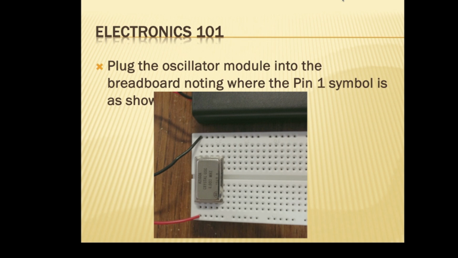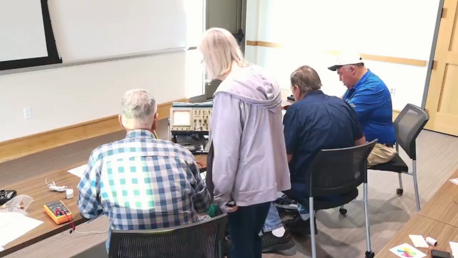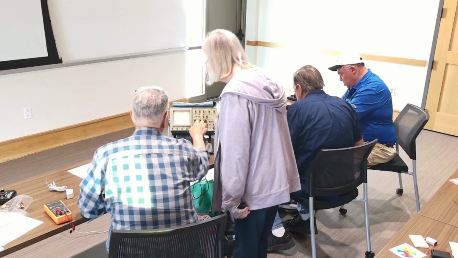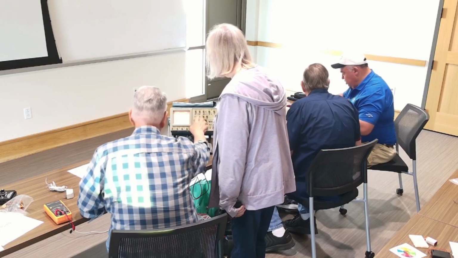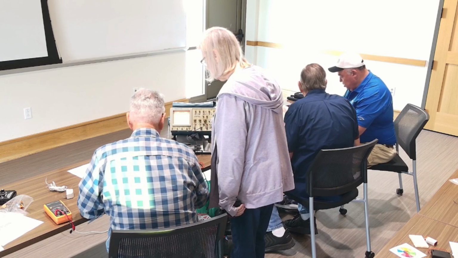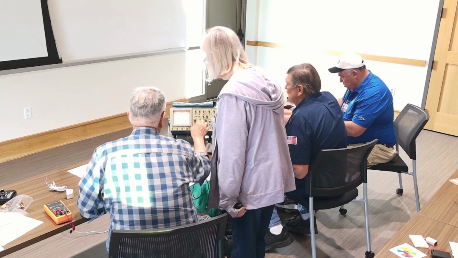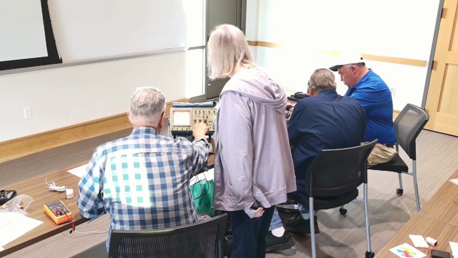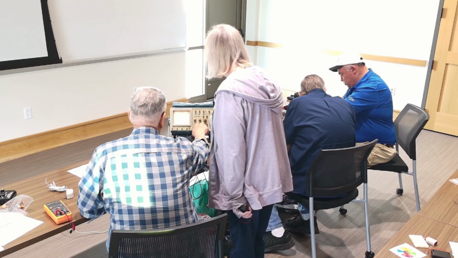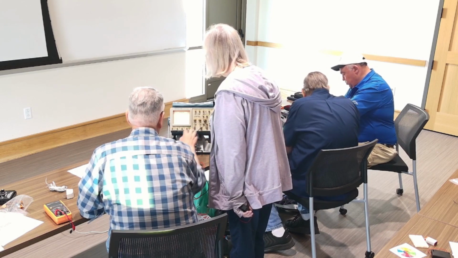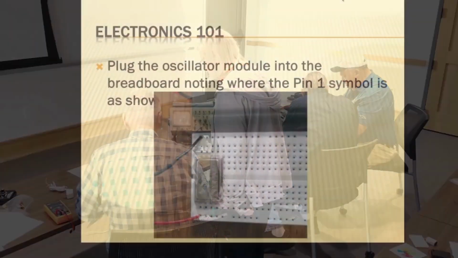Okay, so we got power applied. Now we need to get our output from pin 8. So that was 1, 2, 3, 4, 5, 6, 7, 8 is right up here. So that's our output. And we got to have a ground. This was ground, wasn't it? So there's our outputs right there. Okay, that's it.